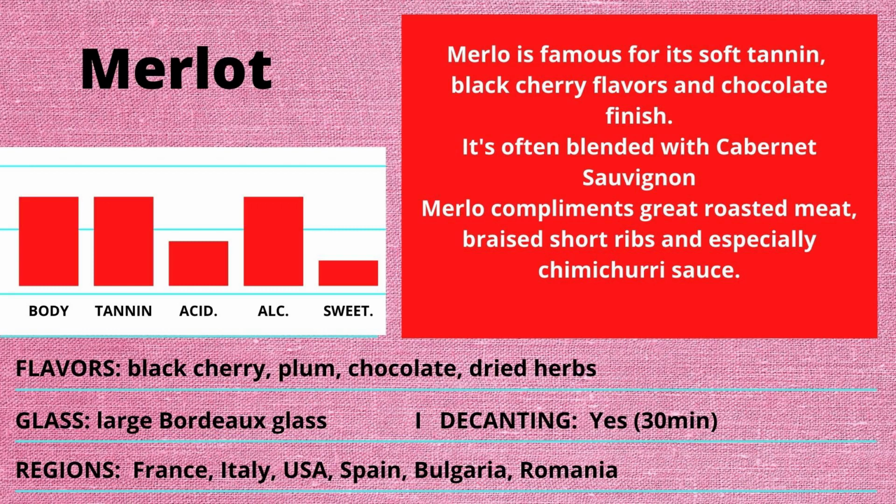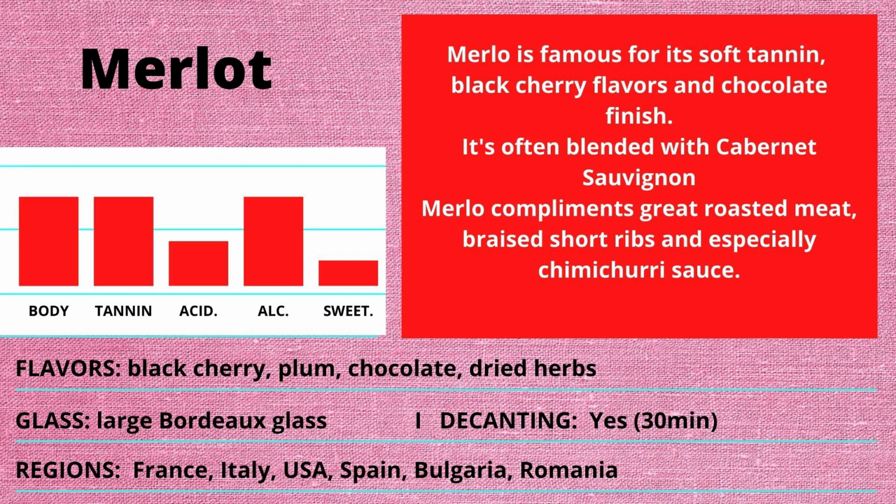Now, Merlot, you can drink with roasted meat, with short ribs, something fatty, you can drink it with steaks. You can drink it with everything, especially when it's aged in wood barrels. Then it becomes so flavored, so full-bodied, that you can drink it with the most fatty steaks in the world. Of course, Merlot is a Bordeaux wine.